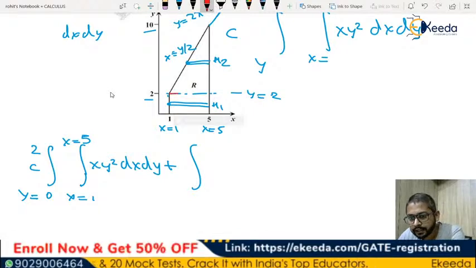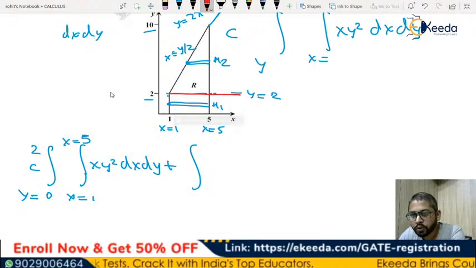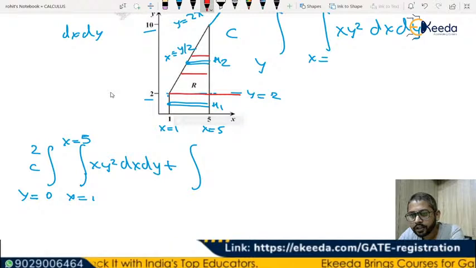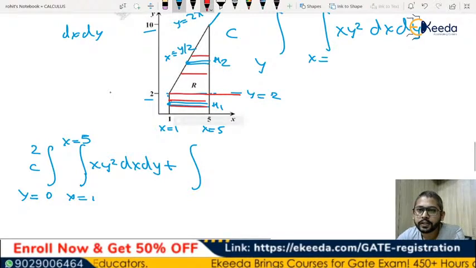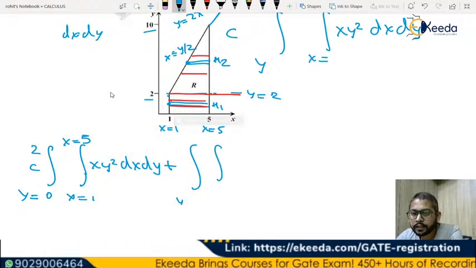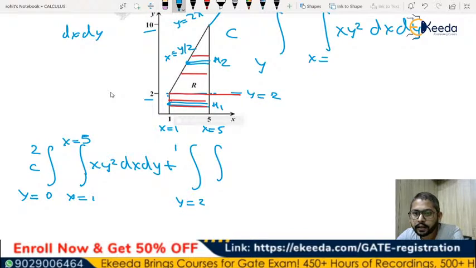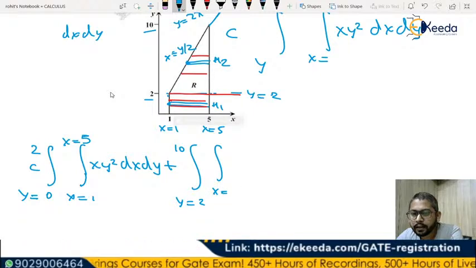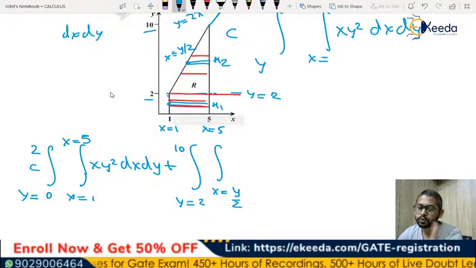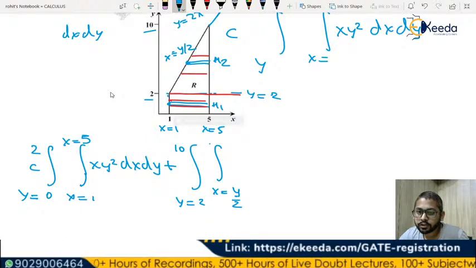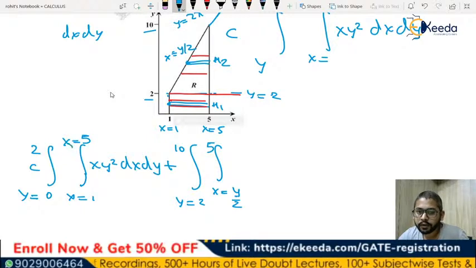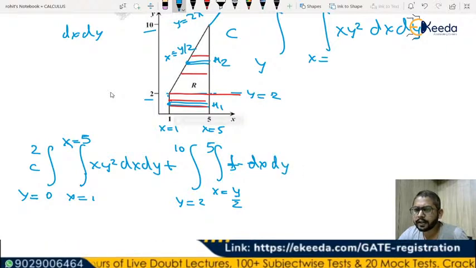After this region, y is equal to 2 for these elements. The first one is for these elements, the second one is for these elements. So now the limits will change and it will be from y is equal to 2 to 10, and x will be y by 2, as the line is y is equal to 2x, and it ends at x is equal to 5, with the same function and dx dy, right?